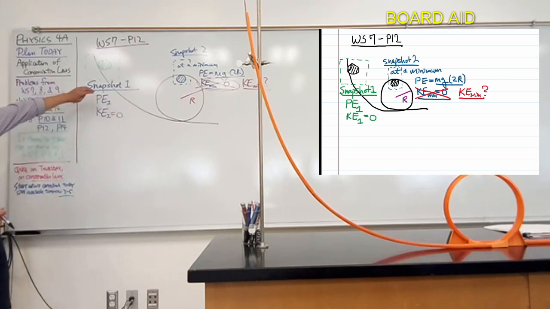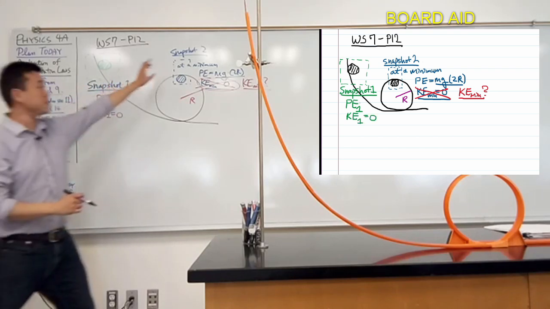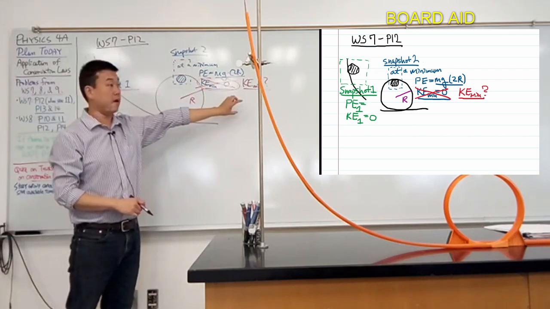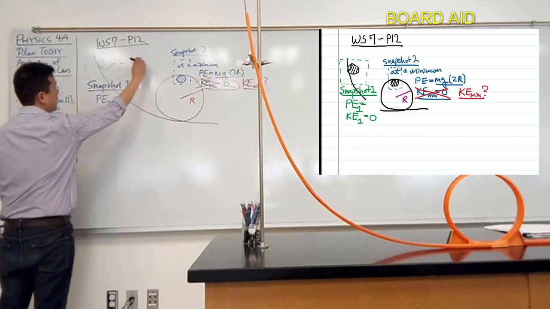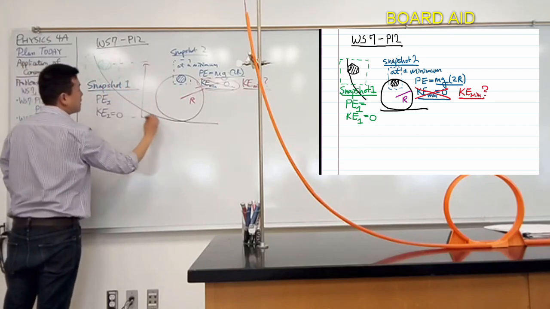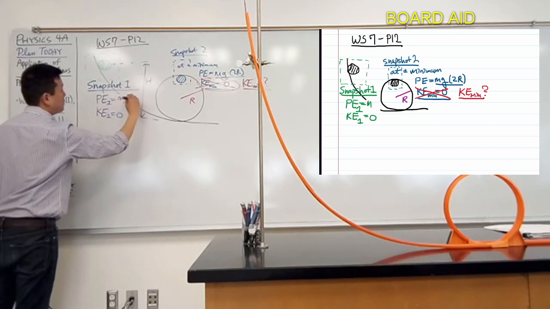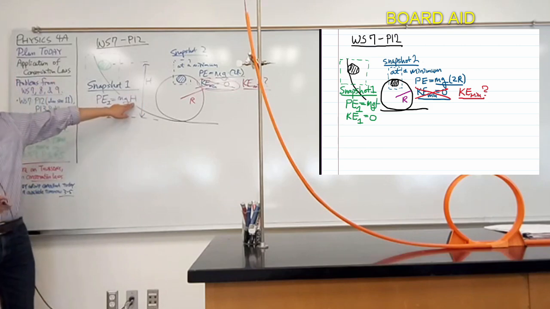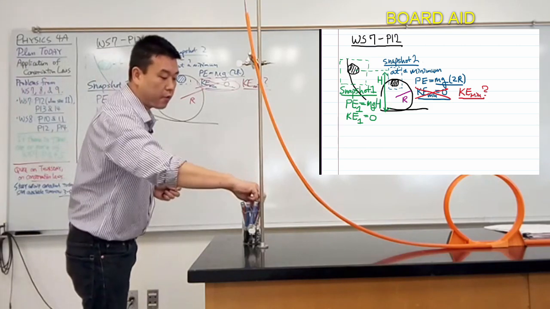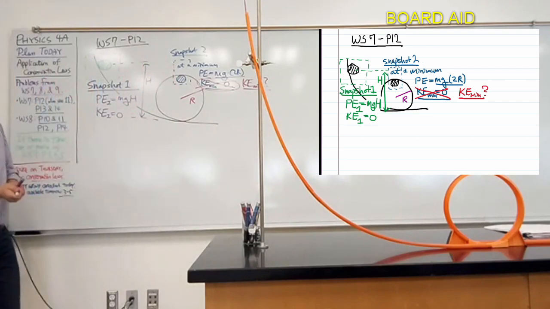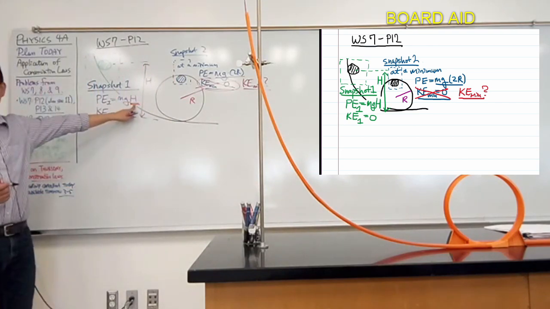And we are hoping to say that energy is conserved, and solve for this starting height here. So the expression that we were trying to set up initially had one unknown, the height.